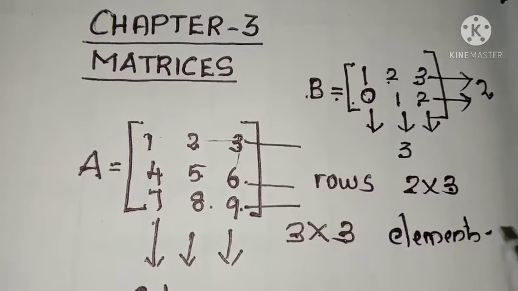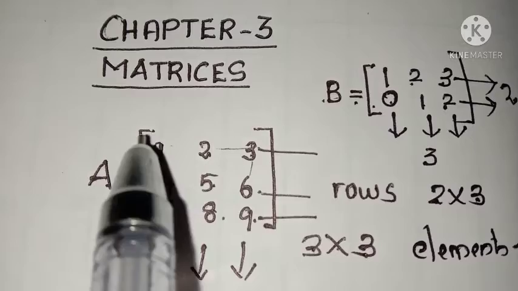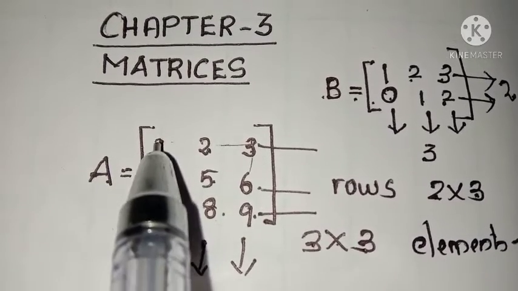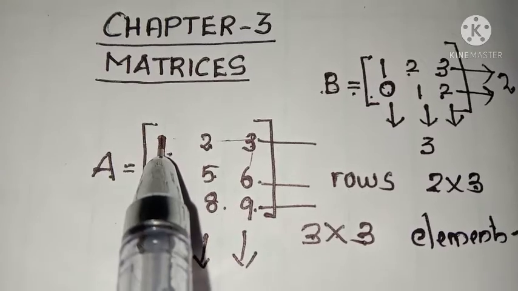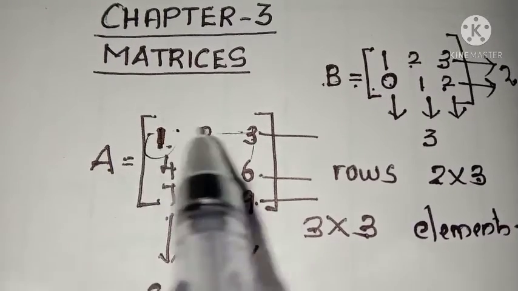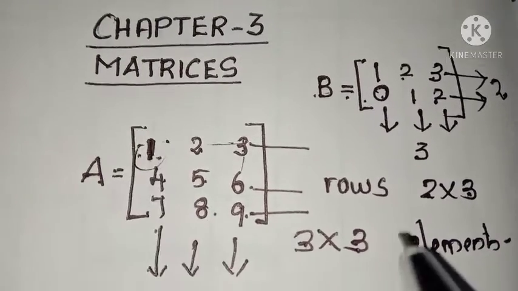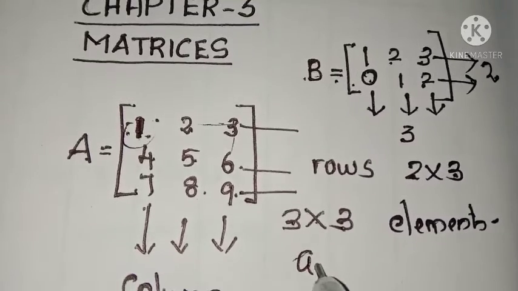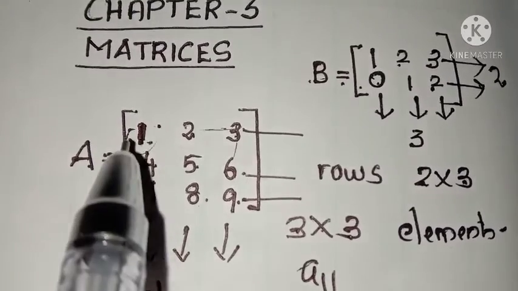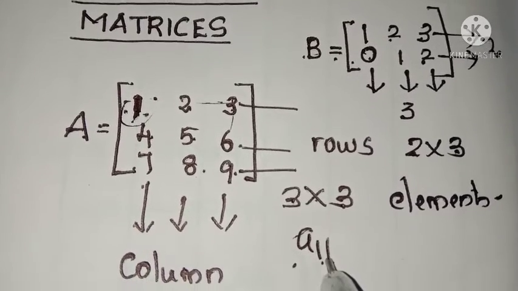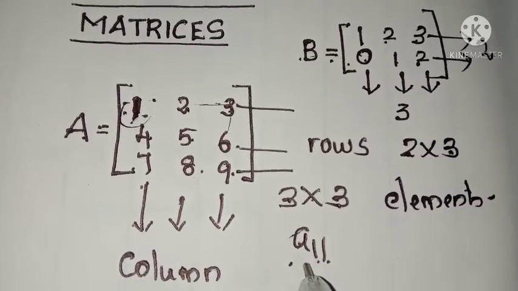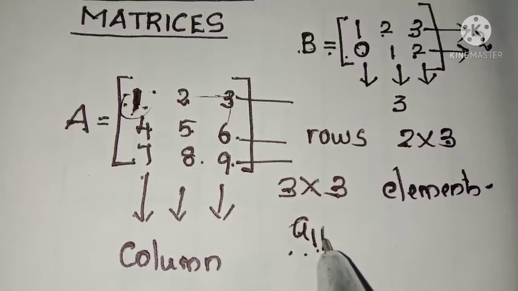Elements of the matrix. Consider this matrix A. The number 1 is the element which occupies the first place in the first row. So this number is A11. The element 1 is the A11 element, that means the element in the first row, first column.